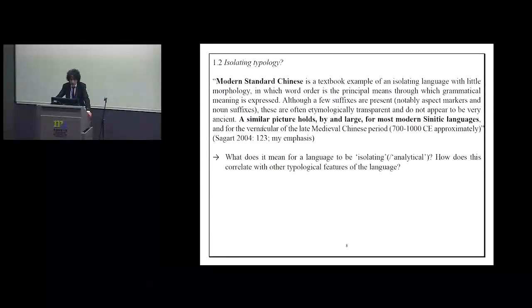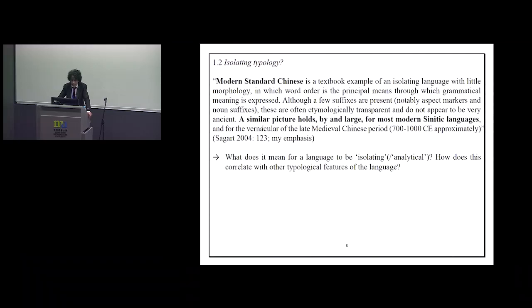So what does it mean when we say that Sinitic languages are isolating? You know that, usually when you have to give an example in a textbook of an isolating language, that would definitely be Chinese, whatever you mean by the term.